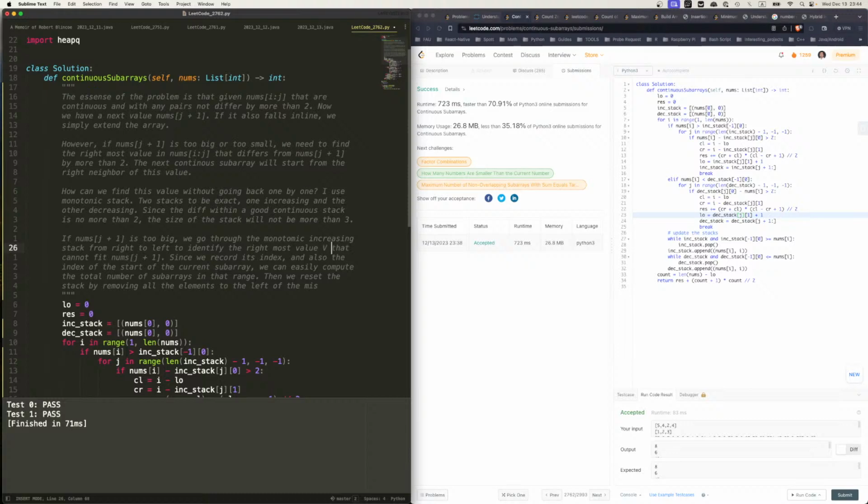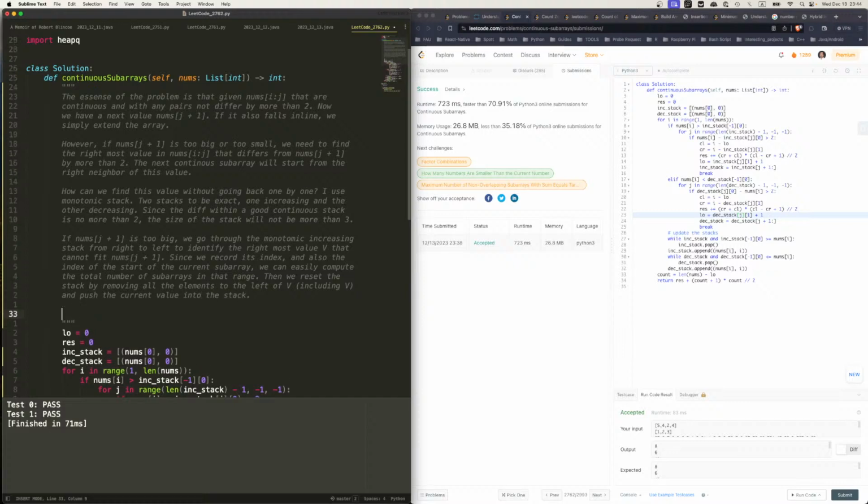V. Okay, let's call it V. And then we reset by removing all the elements to the left of V, including V, right? And push the current value into the stack.